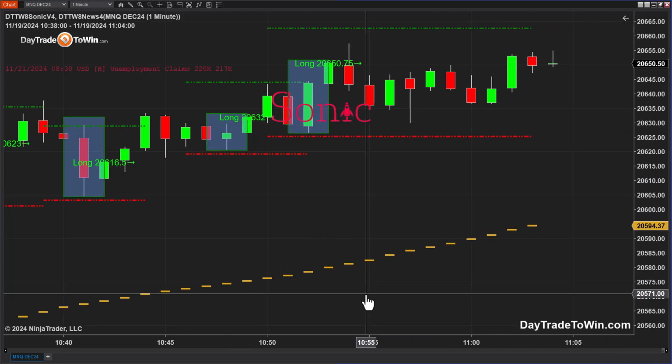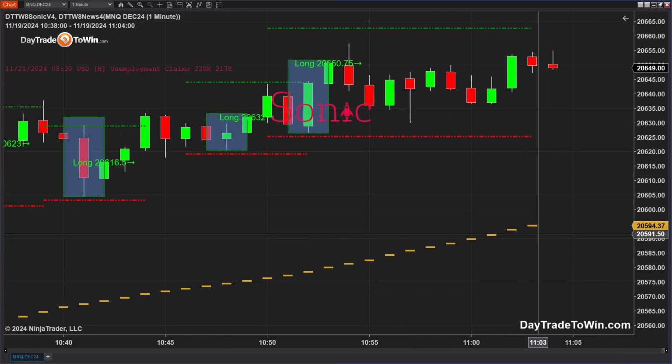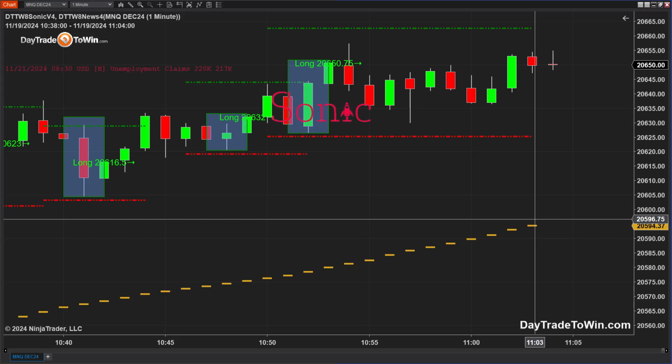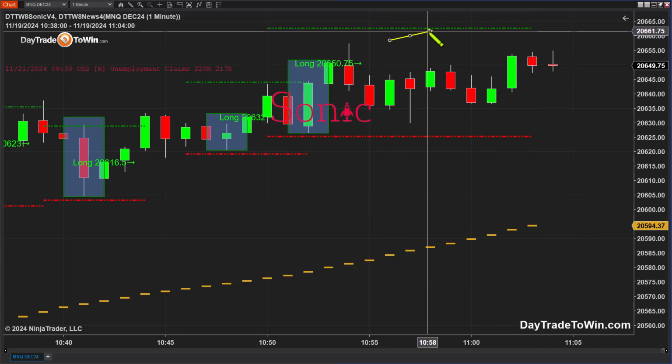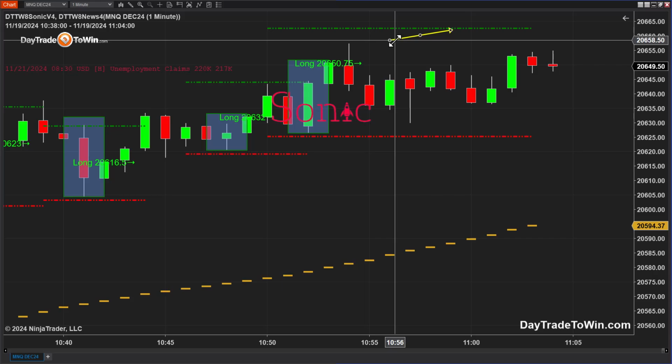Now the goal when entering into any trade really is not to jump into it and rush into it. So what we teach is not to just click market and jump in. You take a step back and you ask yourself, where is the target? The Sonic system is giving me this target here, and the Sonic system is giving me the stop here.